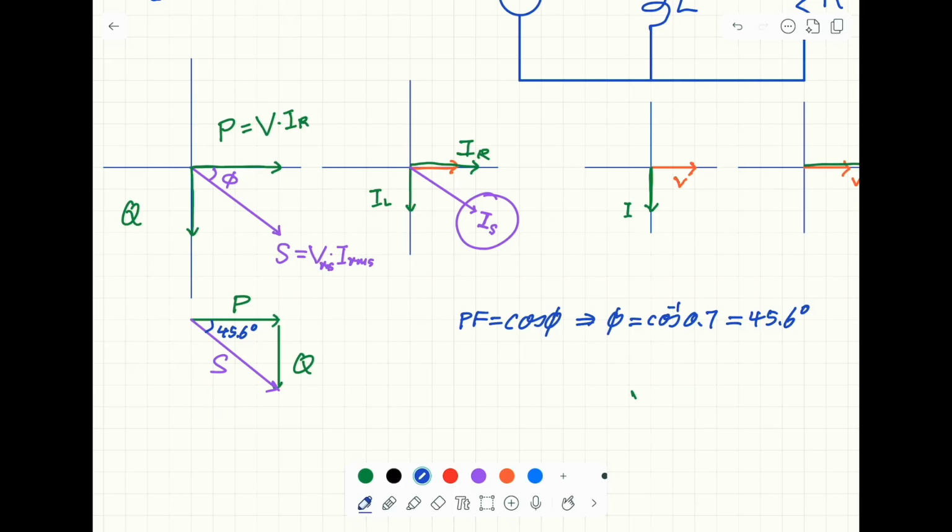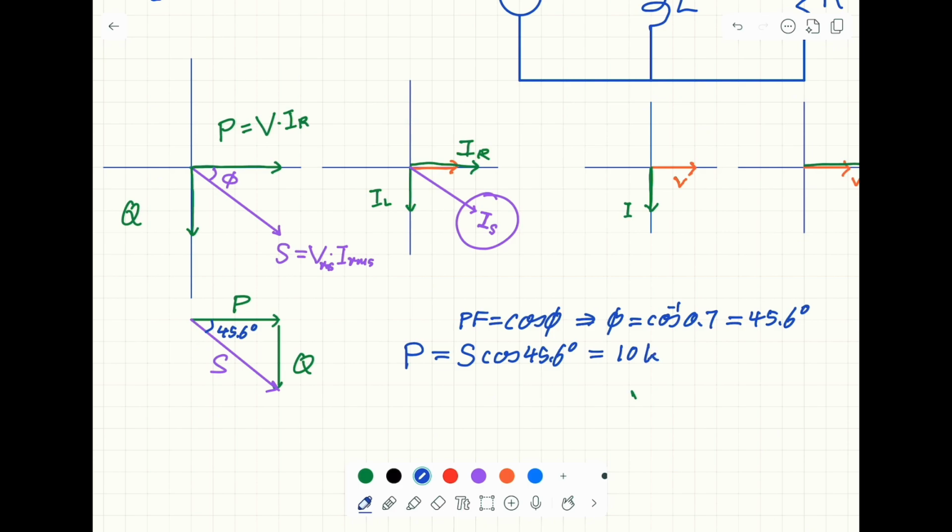And the real power P, of course, is equal to apparent power times cosine 45.6 degrees. The apparent power is 10 kVA.